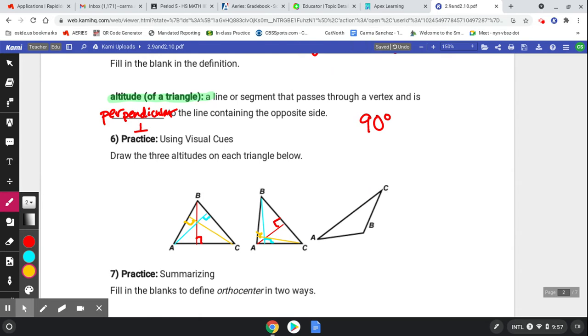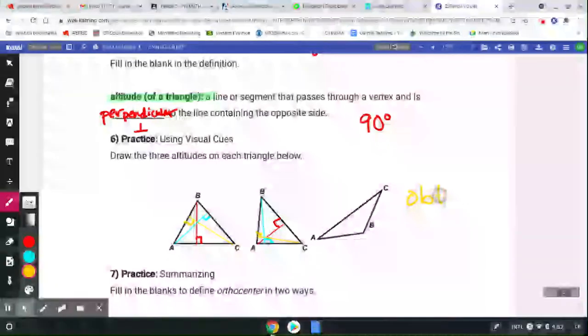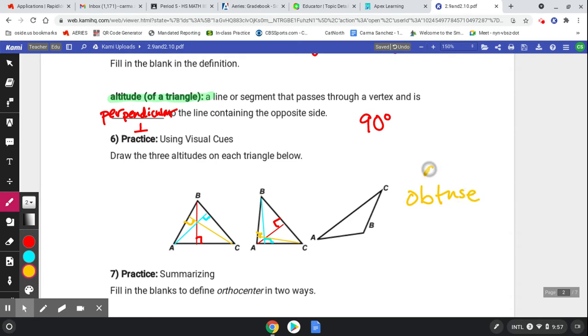Okay, now this one out here is different because it is an obtuse triangle, where it has an angle that's greater than 90 degrees within it.